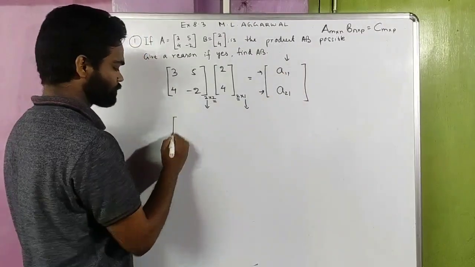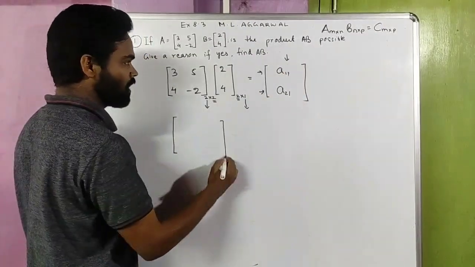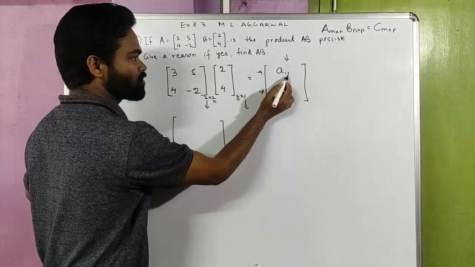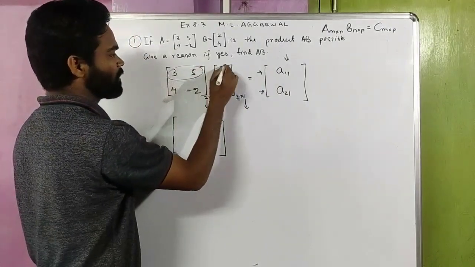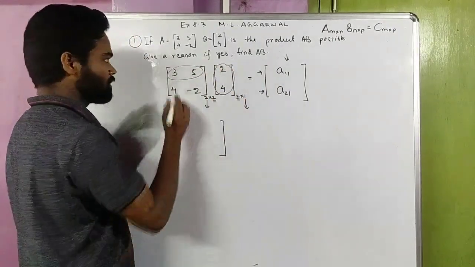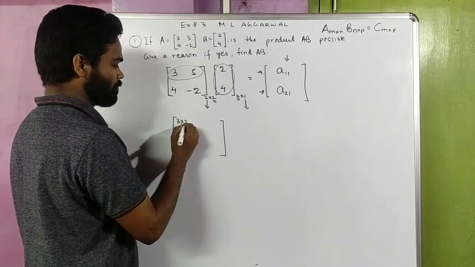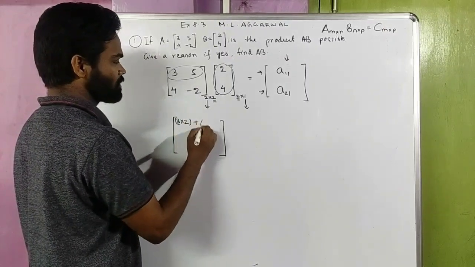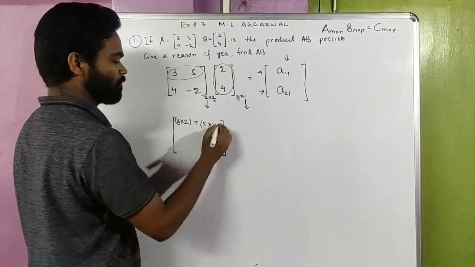Now how to get A11 and A21? A11 means the first row multiplied by the first column. So it's 3 multiplied by 2 plus 5 multiplied by 4.